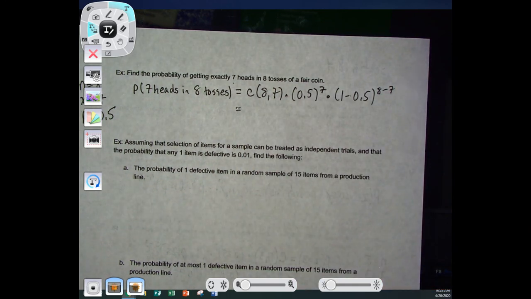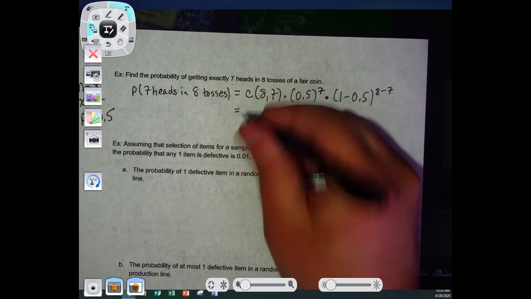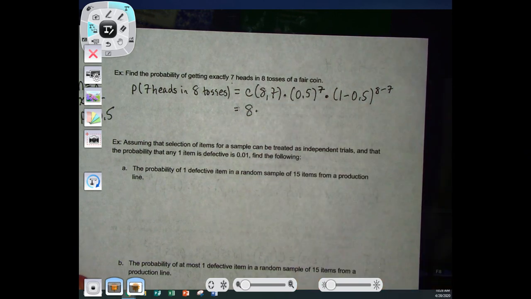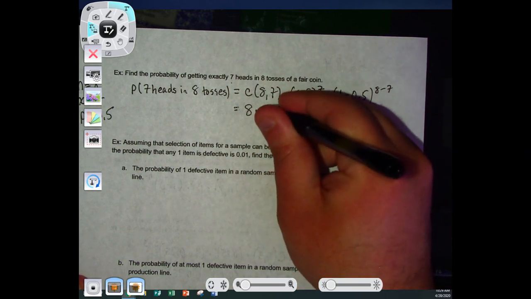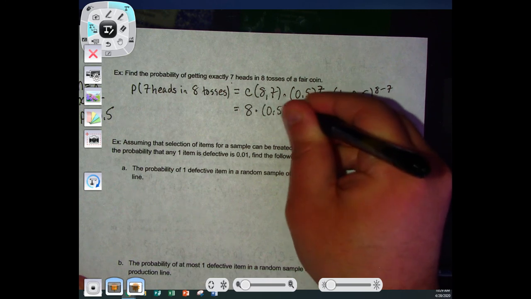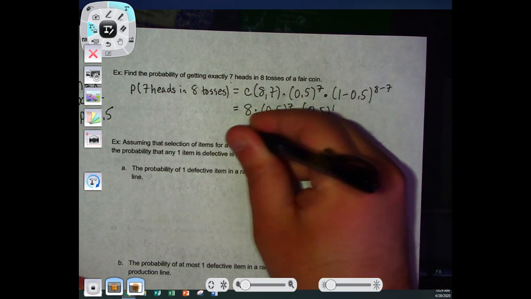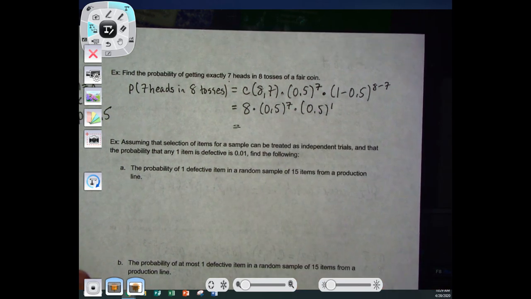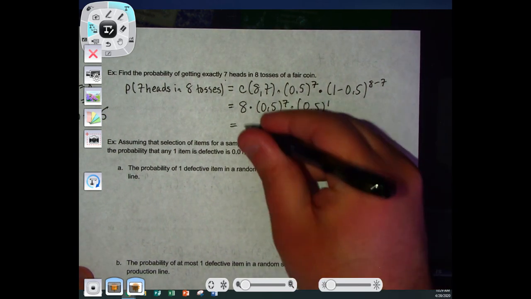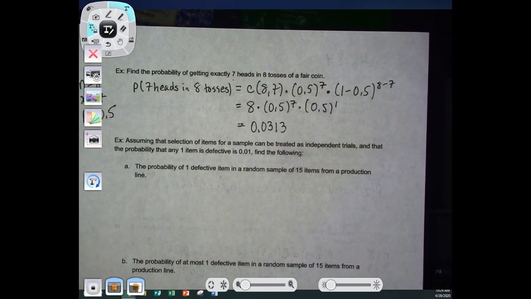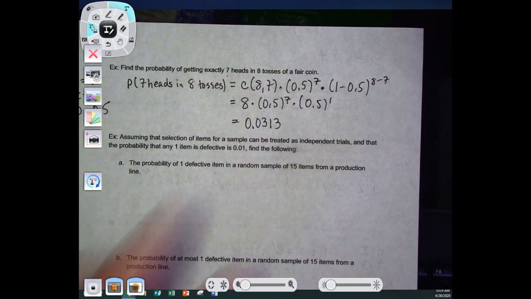Well, the combination of 8 choose 7, that's 8, times 0.5 to the 7th power times 0.5 to the first power. So then when we calculate that, we end up with 0.0313. So there's a 0.0313 probability of getting 7 heads in 8 tosses. All right.